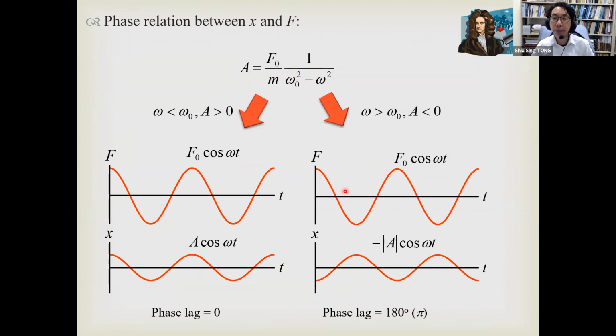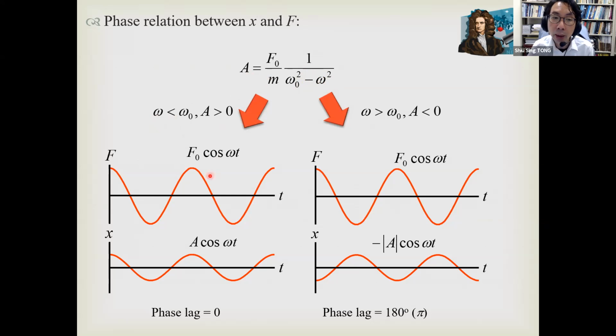Now we can analyze the situation in two regimes. The first regime is below resonance, where the driving frequency is smaller than the natural frequency. You see there's a factor of omega naught squared minus omega squared here in the denominator. So when omega is smaller than omega naught, this factor is larger than 0, and A is also larger than 0.